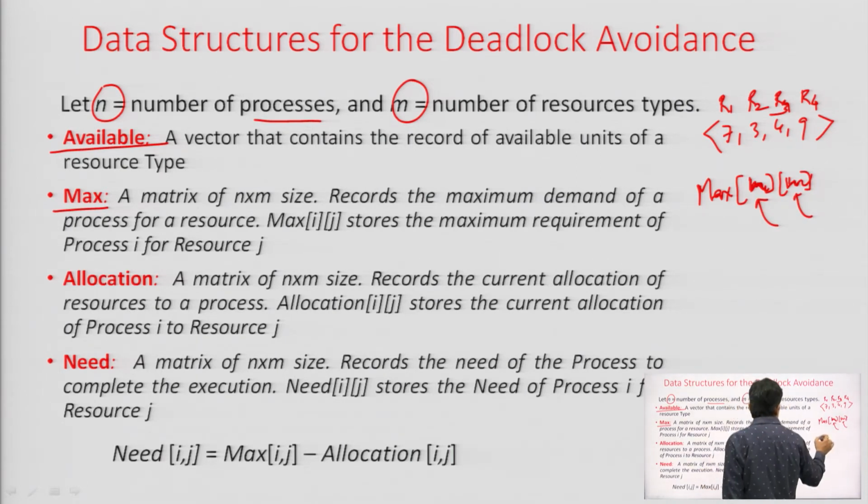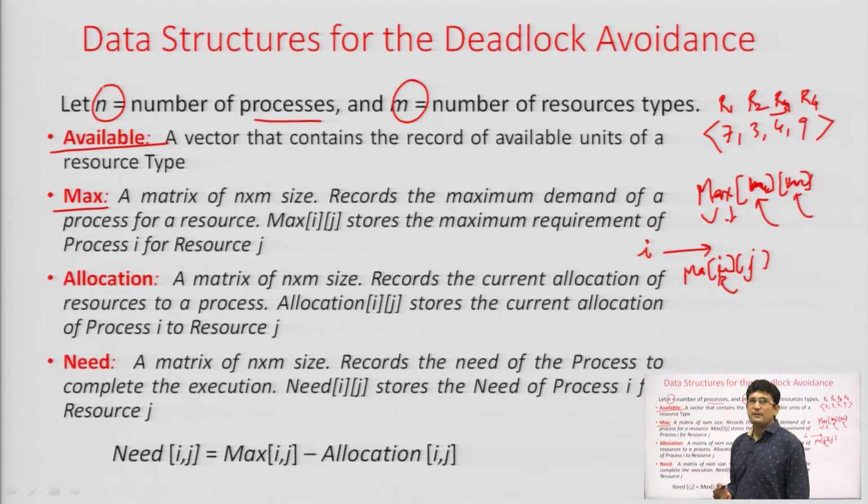If there is some I row and j column in the matrix, the entry max I j will be representing the maximum requirement of process I for resource j.